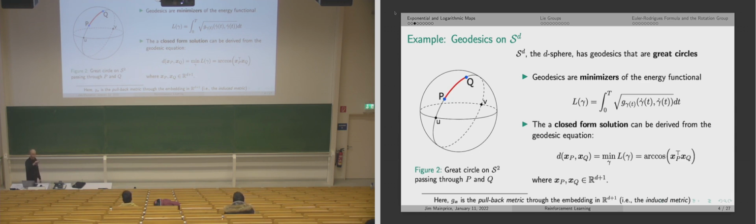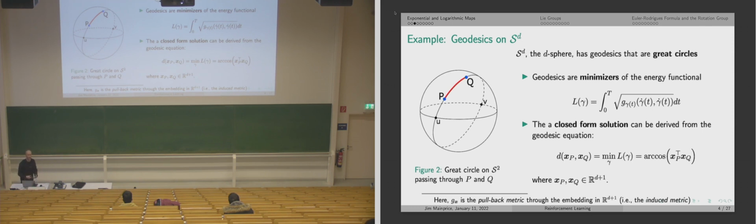So to remind what the Riemannian metric is that we use here, it is the pullback metric through the embedding in R^(D+1), where again D for the globe would be 2, and D+1 is the embedding space, so it's the three-dimensional space. It is also called the induced metric.